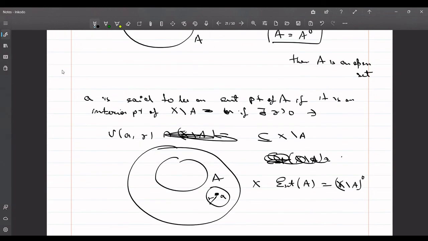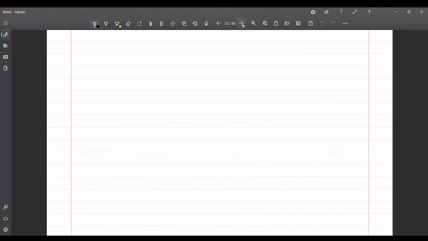And what is a boundary point? A boundary point is such an element such that every open ball you take centered at that particular point, its intersection with the set is non-empty, and its intersection with the set outside it is also non-empty.